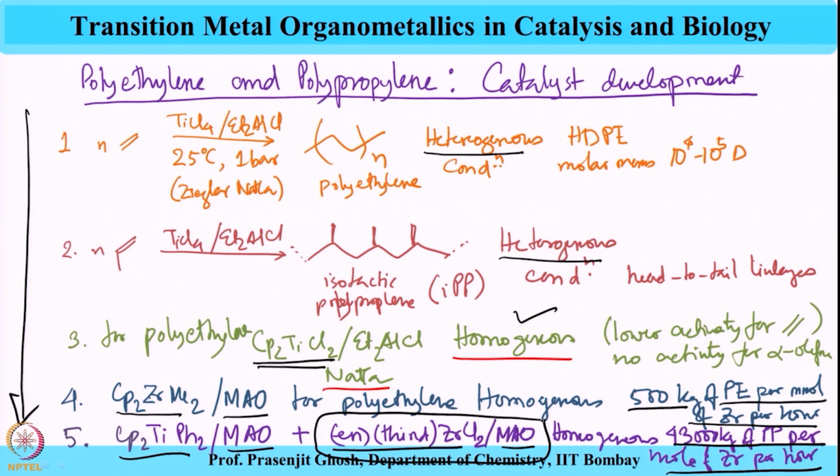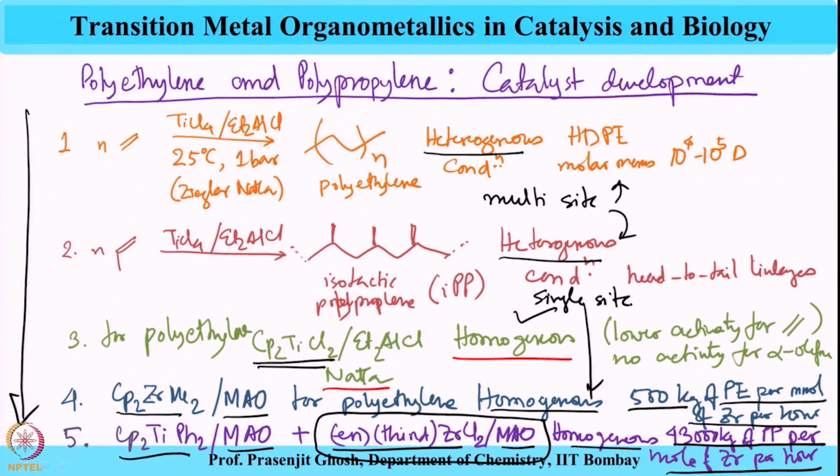What we saw is that as we move from homogeneous to heterogeneous, the catalysis is multi-site for the heterogeneous ones, and for the homogeneous ones these are single site catalysis.